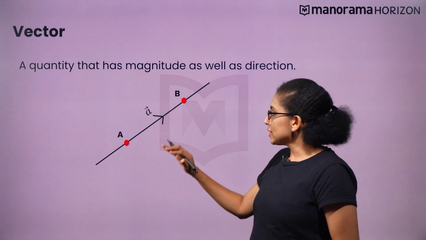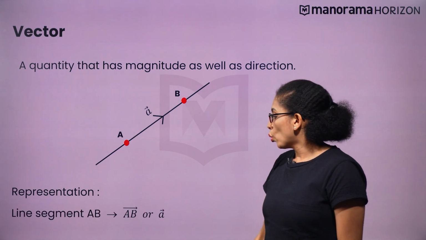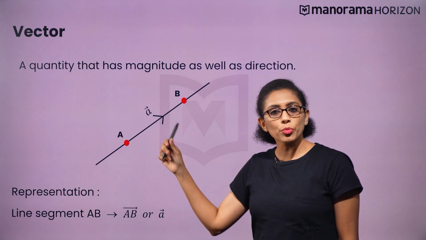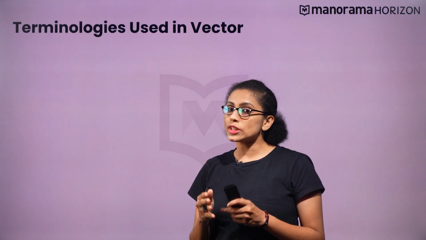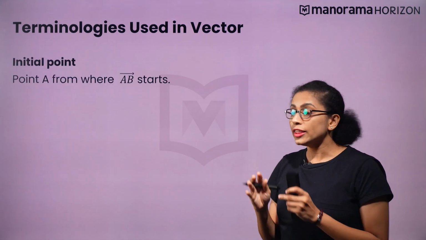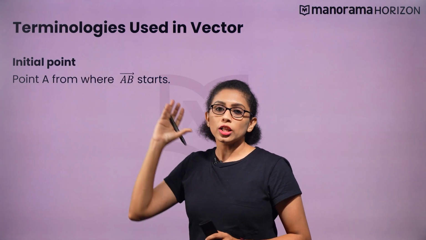Given a line segment, it is a vector and it is denoted as vector AB or simply vector a with a small letter a. Now, let's see the terminologies used in the vector. The point A from where the vector AB starts is called the initial point.